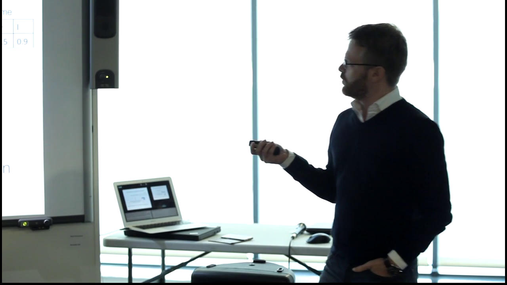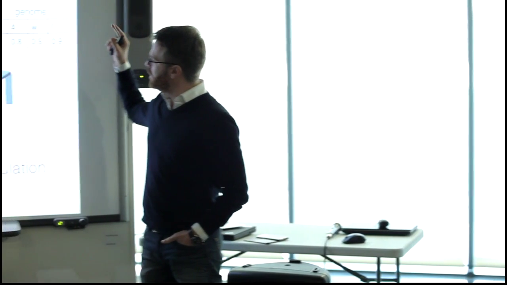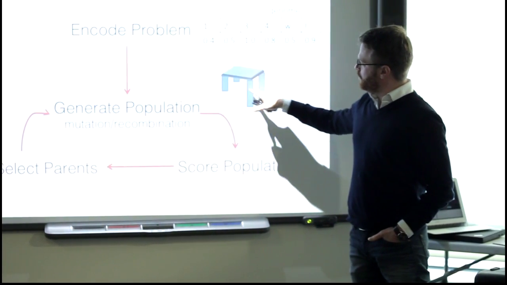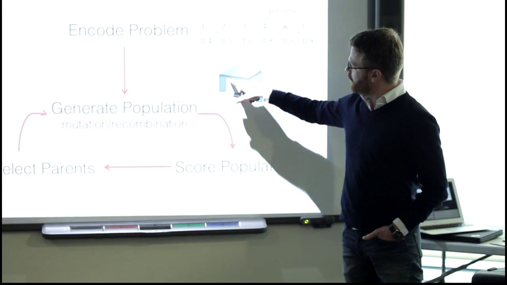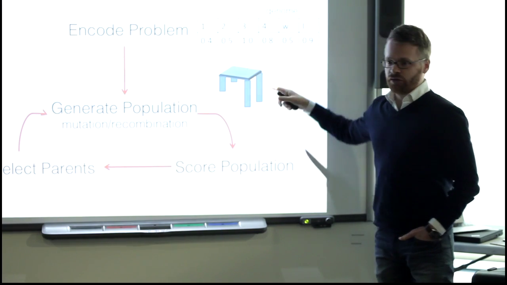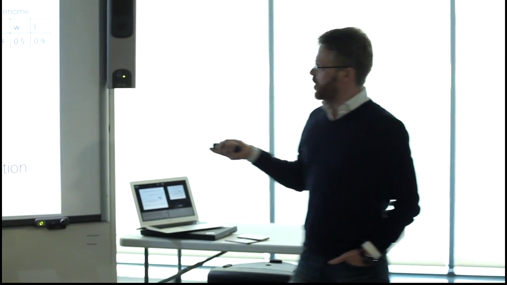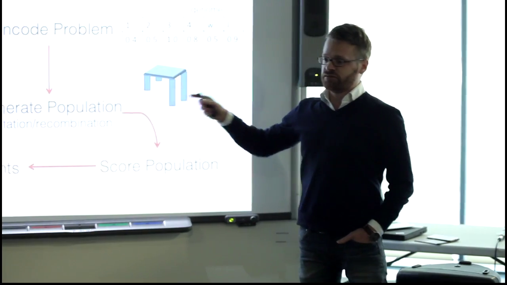So a simple representation of a table would be that you have your genome, so this is your artificial DNA, and each leg of the table you can represent with a different number. So this is the length of this leg, this is the length of this leg, and so on. And then the other thing you specify is the width and length of the table. And then you can imagine that by just randomly changing some numbers, I can generate different kinds of tables.